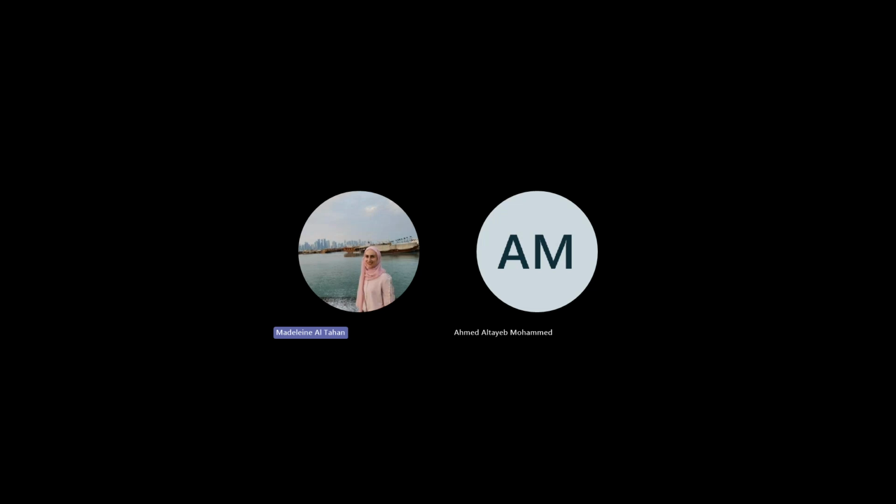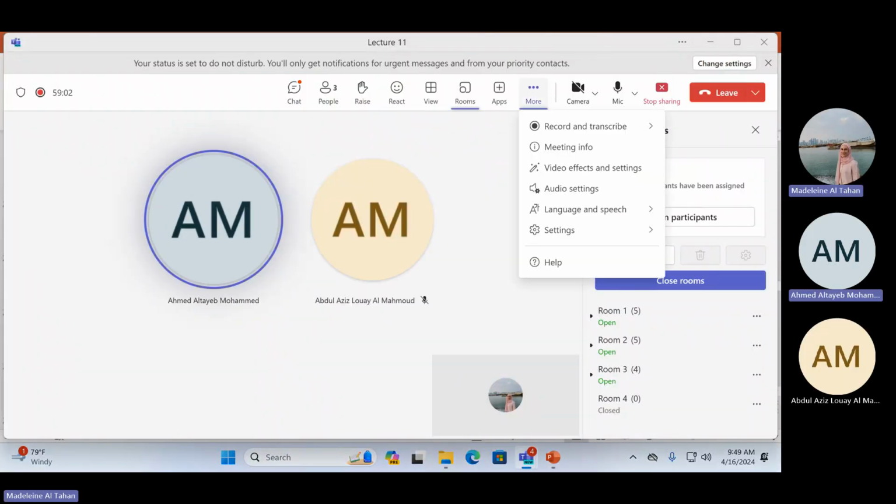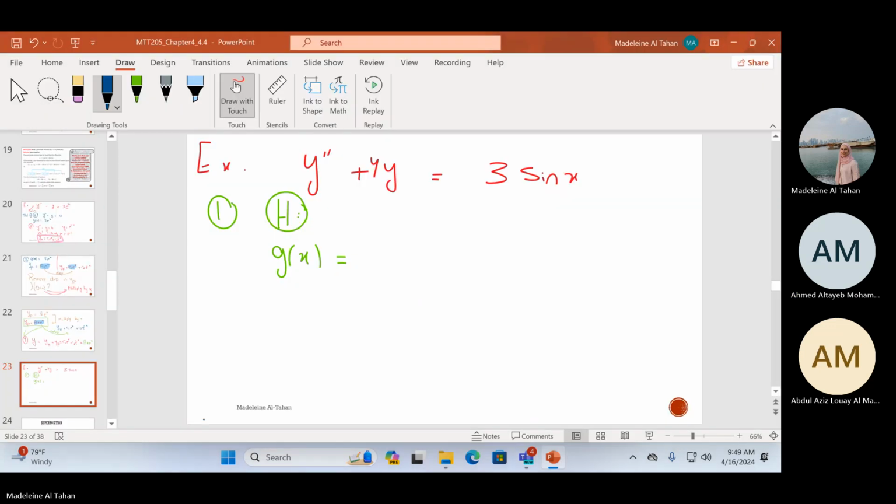Yes, I will share again the screen. You're able to see the screen? Yes, I can see the screen. I will close the groups in 1 minute to check the discussion.